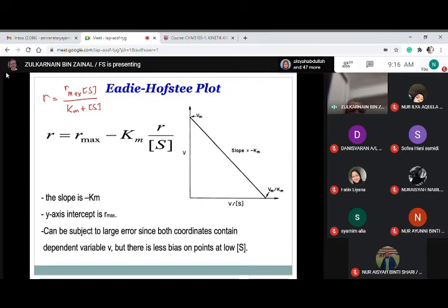So this is back to the original equation. You don't have to remember all these equations. You can always go back to the original Michaelis-Menten equation, and then you can get this equation, right?